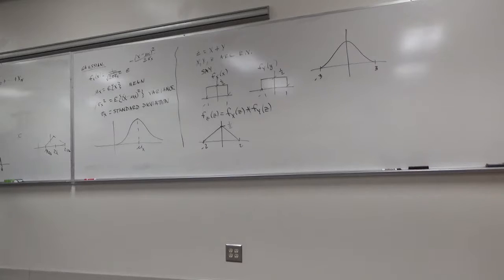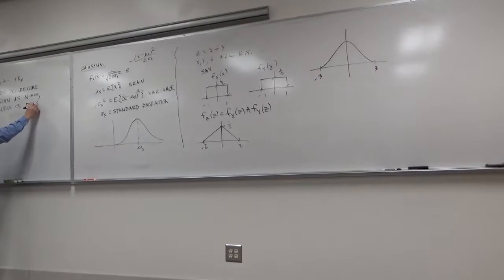If I'm going to add n of those together, and they all have the same density function, it turns out that capital F sub z of z tends to become a Gaussian as n gets large, n goes to infinity, regardless of the density of x sub i.